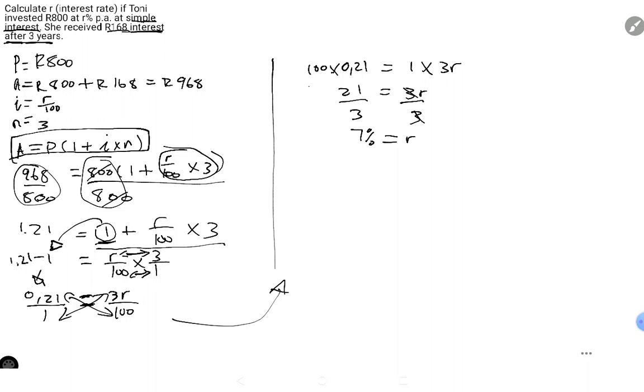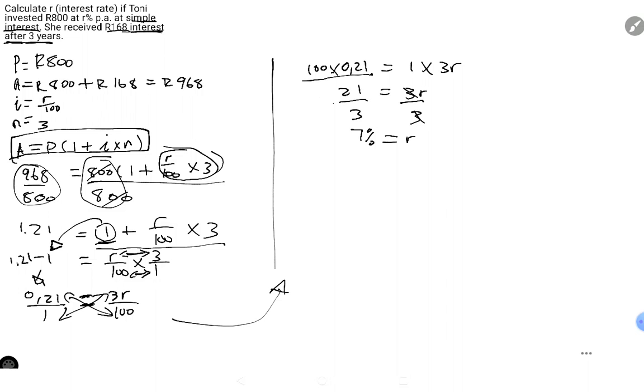And so 100 times 0.21. And then on the other side, we already had the 3r, and so we're multiplying it with the denominator of the left hand side, which is the 1. So 1 times 3r is still the same, it is 3r, because 1 times anything is that thing. And so 100 times 0.21 gives us 21.